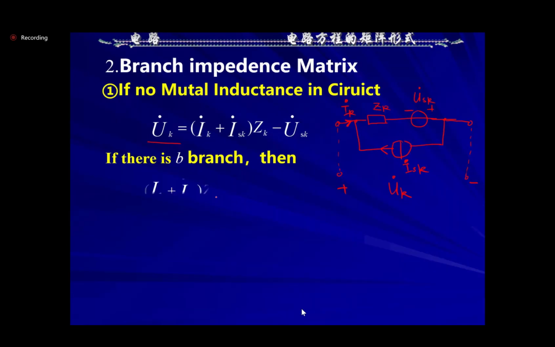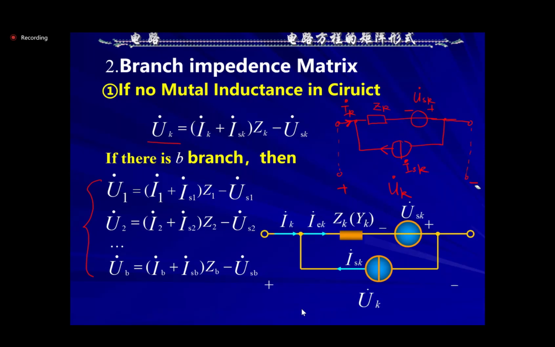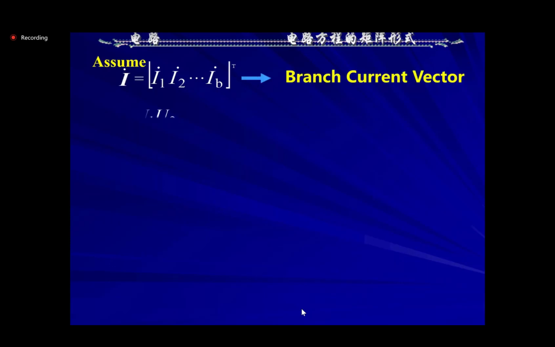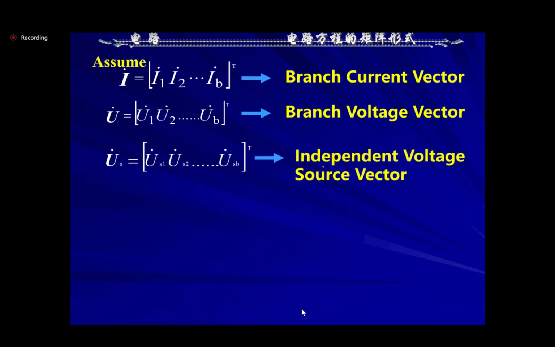If there are B branches in total, branch 1, branch 2, branch 3 to branch B, we have the VCR of every branch. And then we can write this VCR function in matrix form: branch current, branch voltage, and the independent voltage source, independent current source.